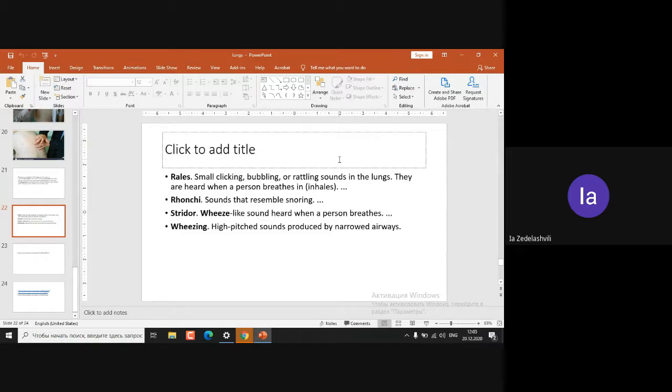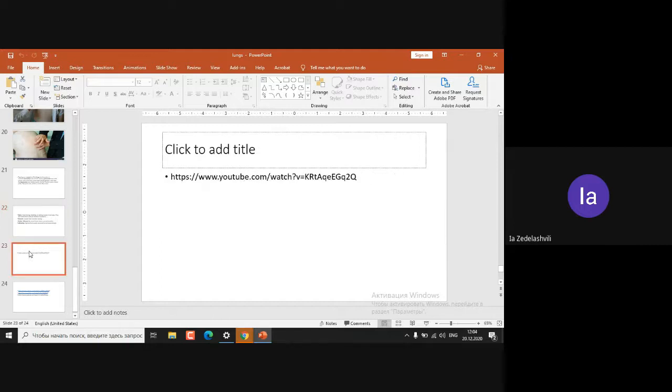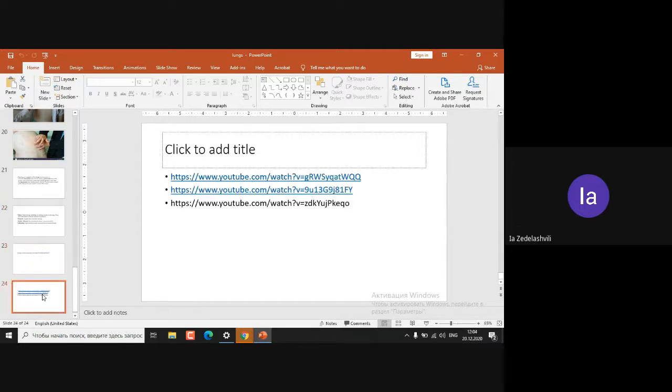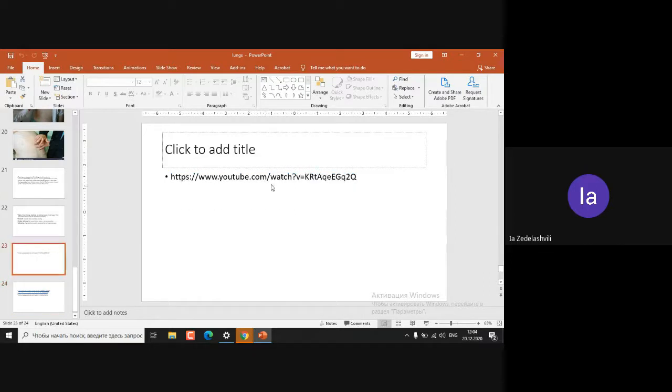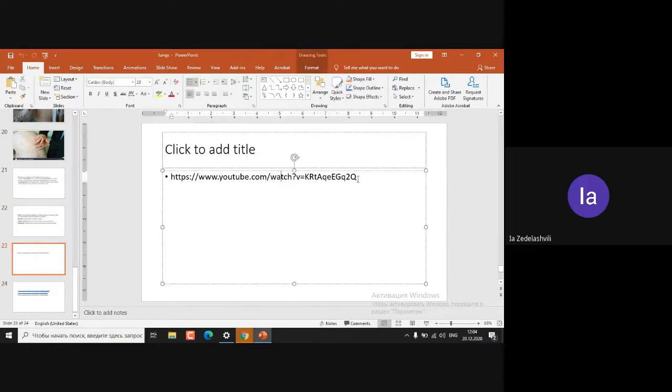Where we have alveoli, it will be a vesicular sound, but it can be changed: rales, small clicking, bubbling, or rattling sounds in the lung, rhonchi sounds that resemble snoring, stridor, and wheeze, a hard sound when a person is breathing, and wheezing, a high-pitched sound produced by narrowed airways. Now let's see some videos, and after we'll speak about it.